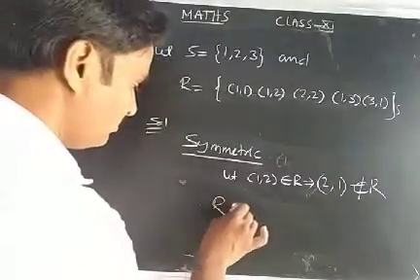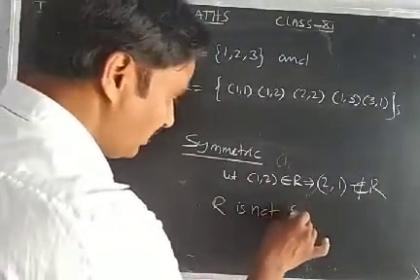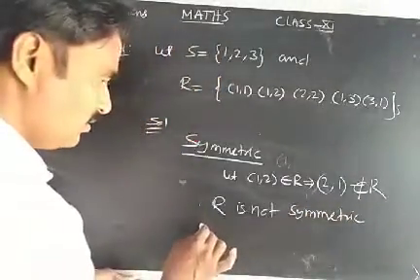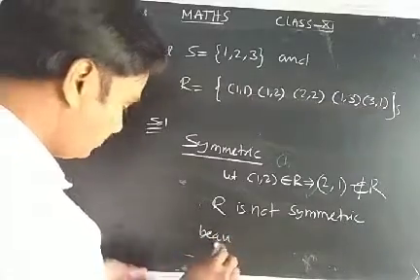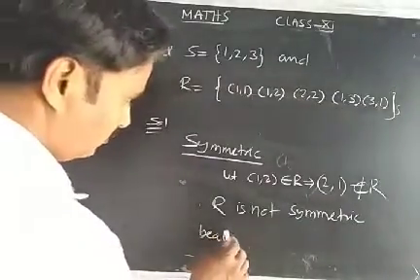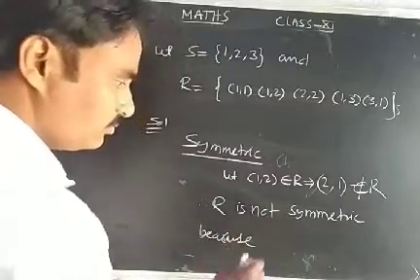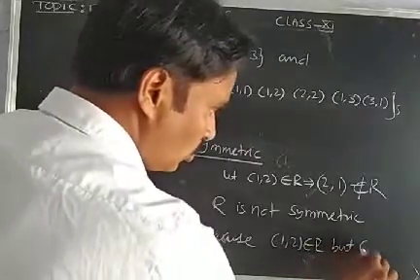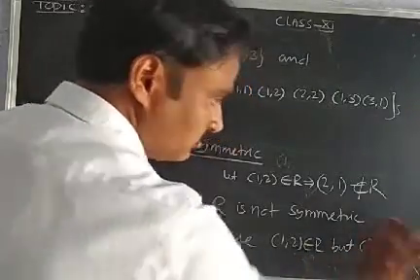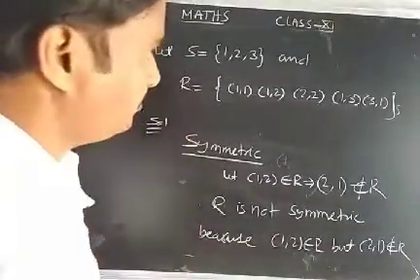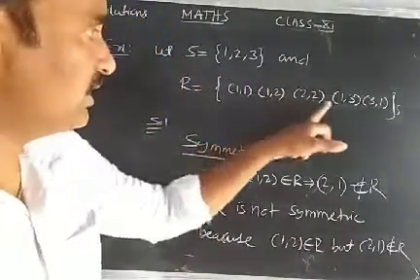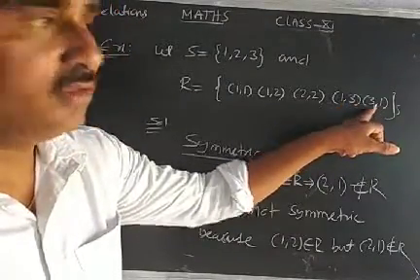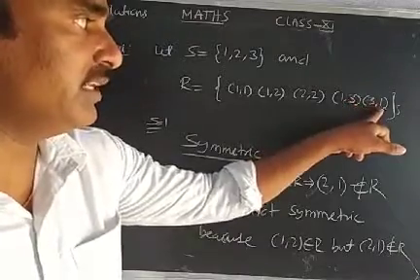Therefore R is not symmetric. Why? Because 1 comma 2 belongs to R, but 2 comma 1 does not belong to R. Okay, now 2 comma 2 no need. 1 comma 3, yes, we have to check: 1 comma 3, but 3 comma 1 is there.